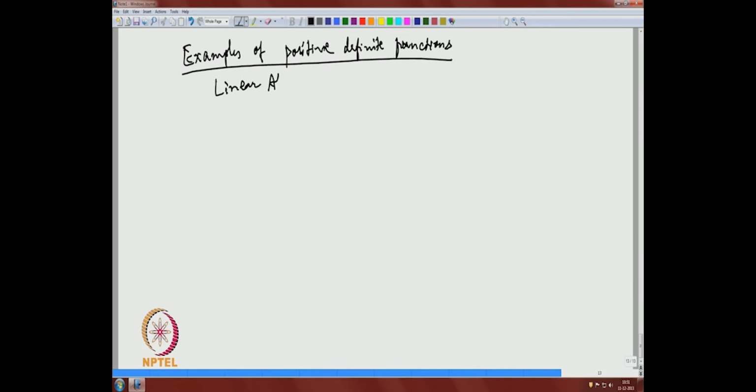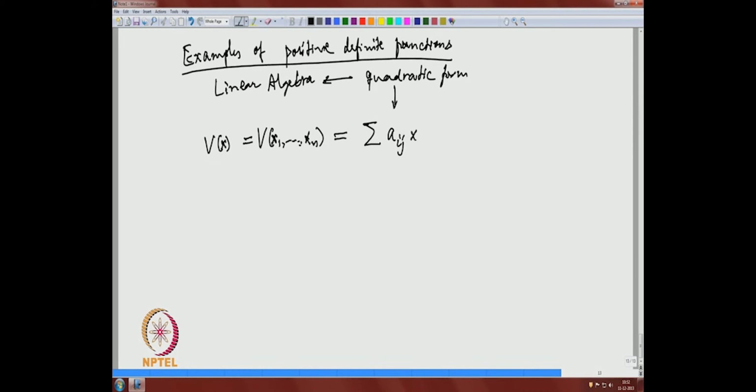So, they come from linear algebra, quadratic forms. Okay. So, a quadratic form is of the form, V of x in n variables x 1, x 2, ..., x n, V of x is given by the sum of a i j x i x j, where a i j are real and symmetric. Okay.